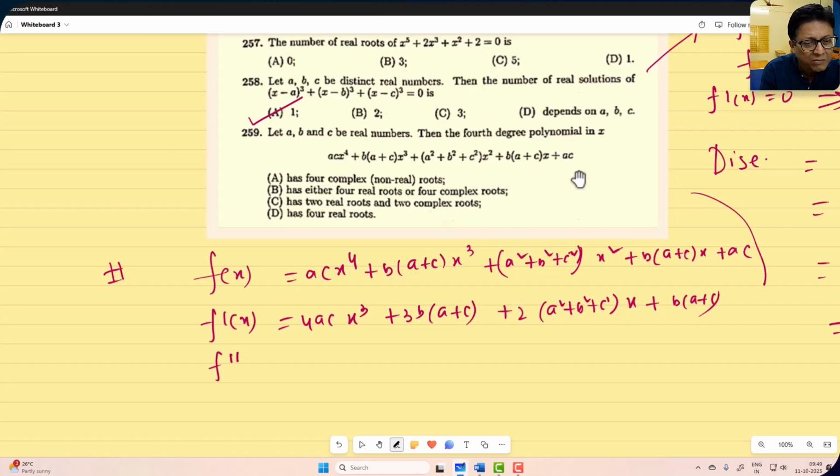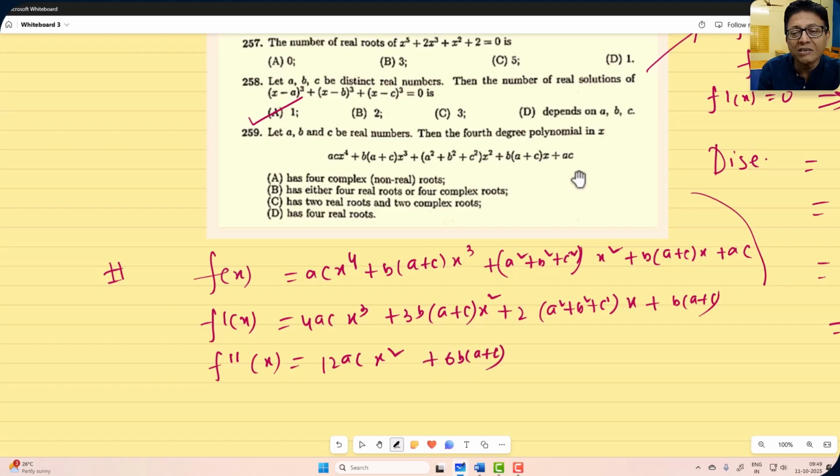If double dash x, you can differentiate up to 3 times because it is a 4th degree polynomial. 12ACx^2 plus 6b into (a plus c)x plus 2 into (a^2 plus b^2 plus c^2). The concept is explained in polynomials and theory of equation, one of the equation.